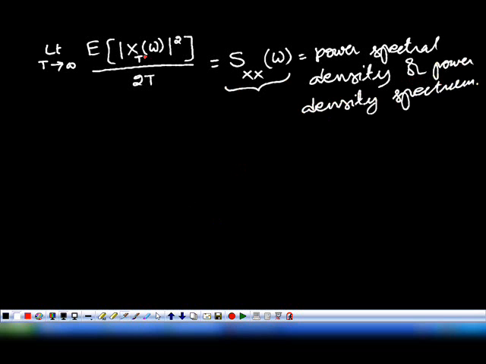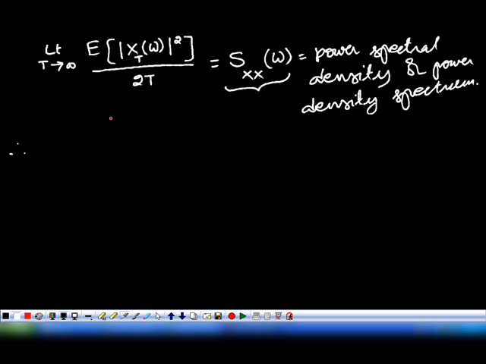What this x_t of omega indicates is the Fourier transform of the sample function for the interval minus t to t. To find the expectation of the square of that, divide by 2t and then take limit t tending to infinity. Since t is constant, this is a function of omega, so Sx of omega is also a function of omega. This is the notation of the power spectral density, and that is defined as limit t tends to infinity of this much. Understood this?